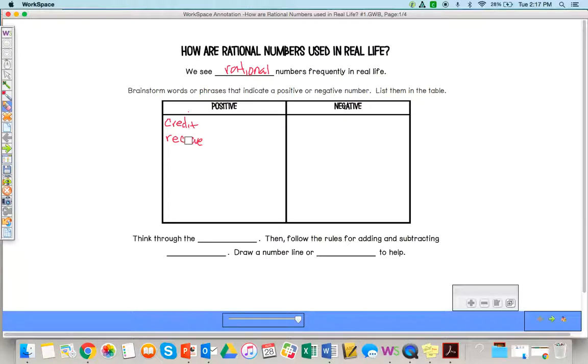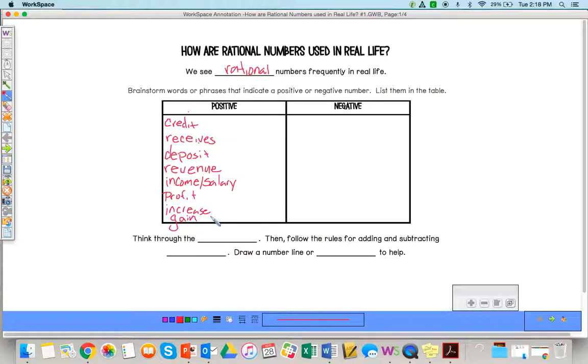receives, but I spelled it wrong, deposit, revenue, your income or your salary, a profit, an increase, or gain.